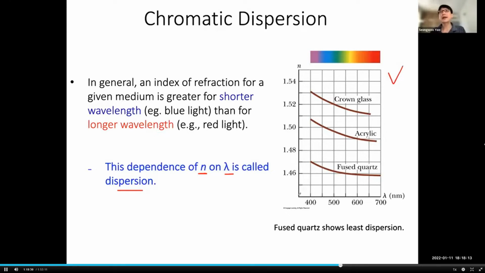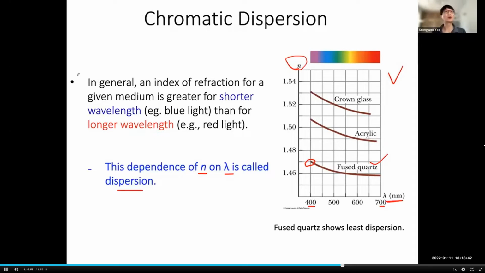The x-axis is our wavelength, and the y-axis is the refractive index. Now let me pick up this fused quartz, which is a glass. The glass has a higher refractive index for shorter wavelengths, and then the index gets reduced along the wavelengths.